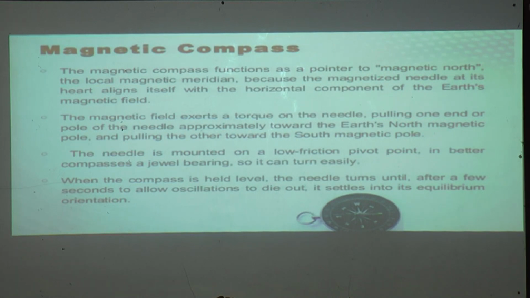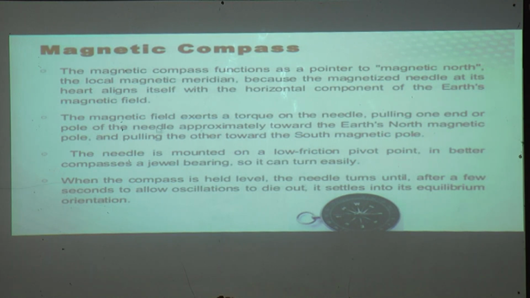We have given names to Earth's surface: one end is the north pole and the other end is the south pole. So this is the horizontal component of Earth's magnetic field. Whatever the needle is pointing towards, north and south, that needle is exactly showing the Earth's magnetic field.